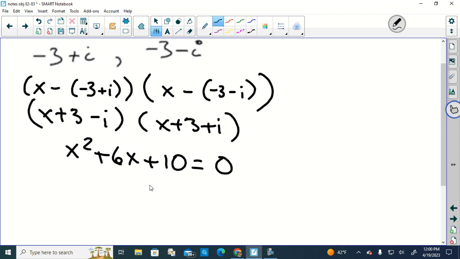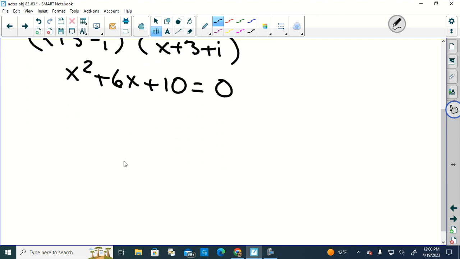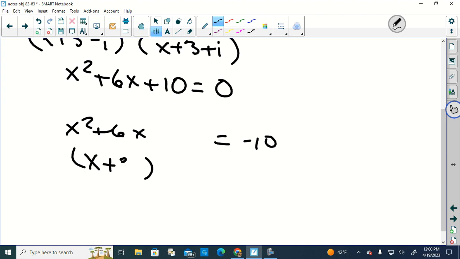I want to show you something real quick. You don't need to do this. But if I use completing the square to actually solve this, I move the 10 over to the other side, so I'd have x squared plus 6x equals negative 10. We divide by 2, so this would be x plus 3, squared.